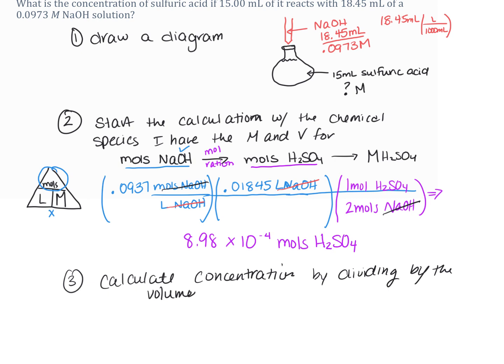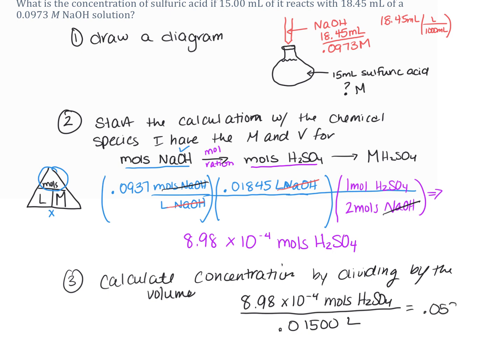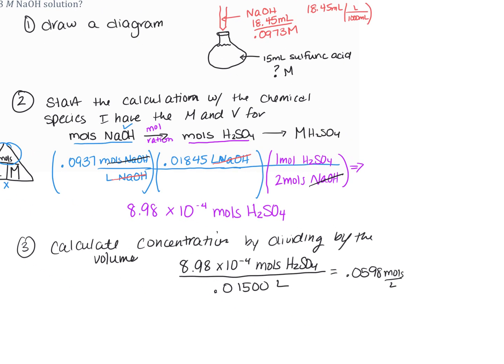So I'm going to take 8.98 times 10 to the negative 4th moles of H2SO4, and I'm going to divide by the volume of H2SO4, and it needs to be in liters because we're getting molarity here with concentration, and that's moles per liter. So when we do this math, that gives us 0.0598 moles per liter H2SO4.